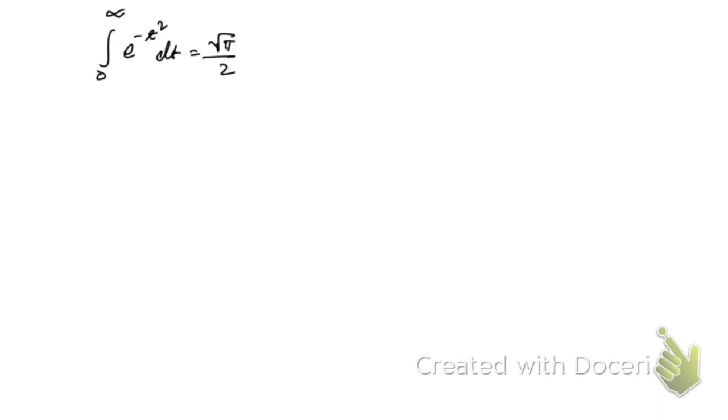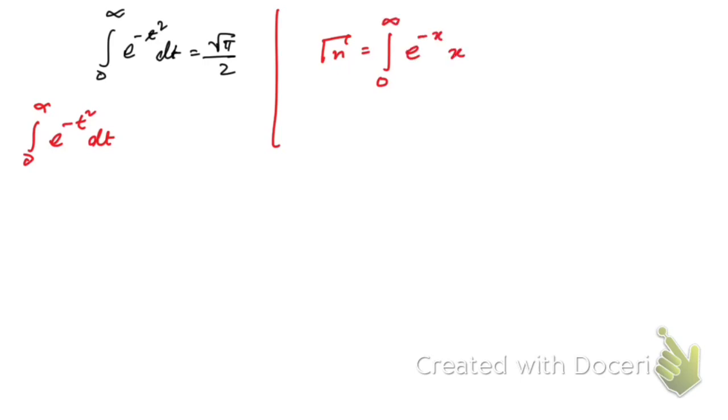So here you see, integration from 0 to infinity e to the power minus t square dt, right? Here we have actually used the gamma function. According to the definition of the gamma function, gamma n is 0 to infinity e to the power minus x, x to the power n minus 1 dx, right? So if we consider that x is equal to t square, then if you differentiate with respect to t, dx by dt is going to be equal to 2t.